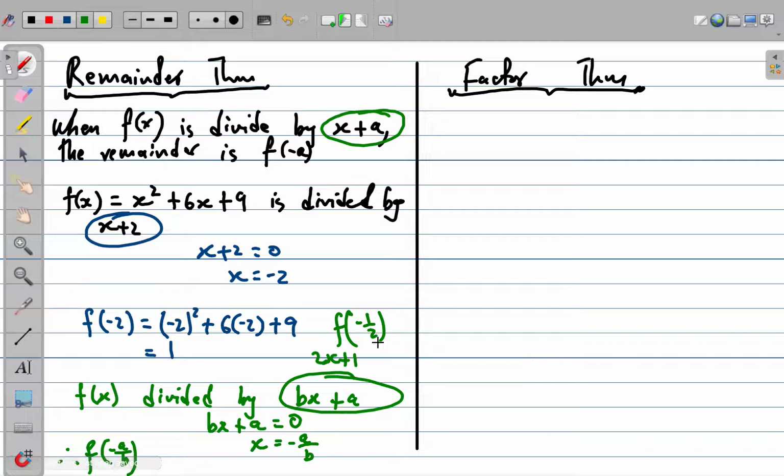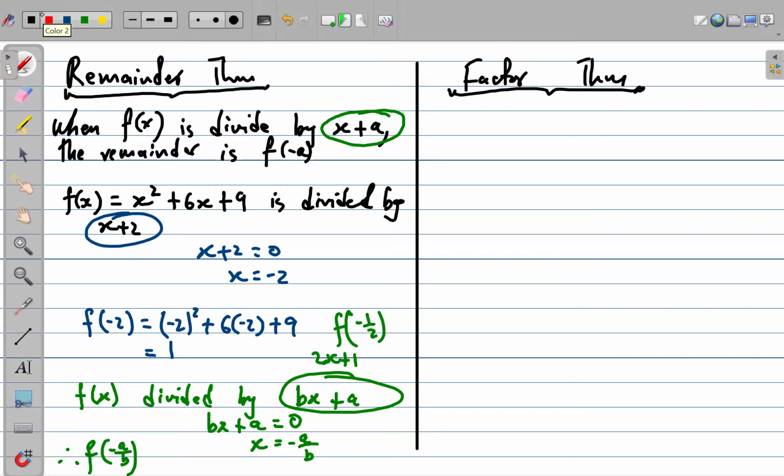Now, the concept of remainder is very important because we're going to do long division, and it is long division where sometimes we get a remainder. But then in a case where we do not get a remainder, in other words, the remainder is 0, then that's where the factor theorem comes in. So, and you'll understand why I say the factor theorem is a special case.